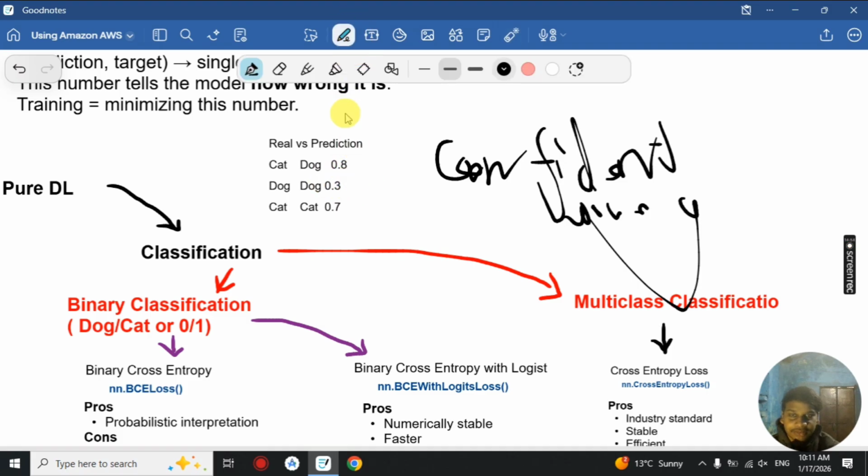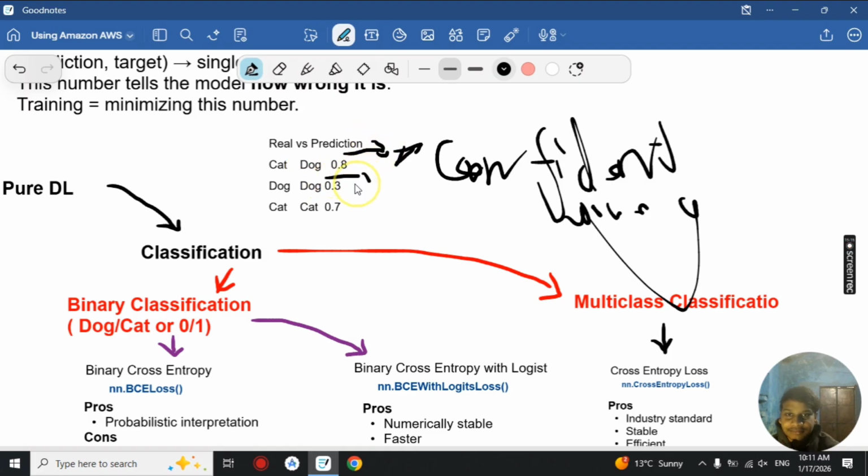So here it will give a very high loss, since the model is predicting wrong with very high confidence. So here it will raise an error.